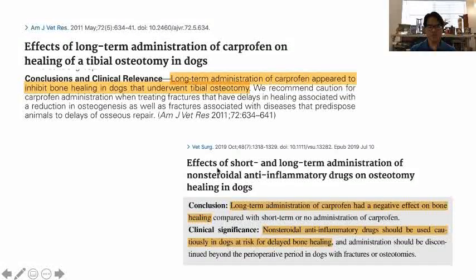The second, more recent study, published in 2009, concluded that long-term administration of carprofen had a negative effect on bone healing, and NSAIDs should be used cautiously in dogs at risk for delayed bone healing. So whenever you have a patient dealing with delayed bone healing that is getting an NSAID, you might need to consider switching to a different medication for pain control.